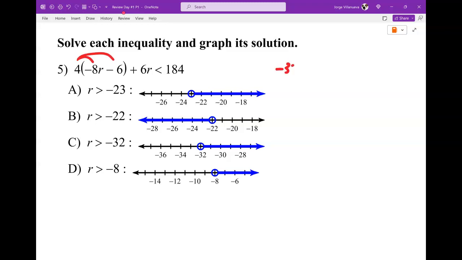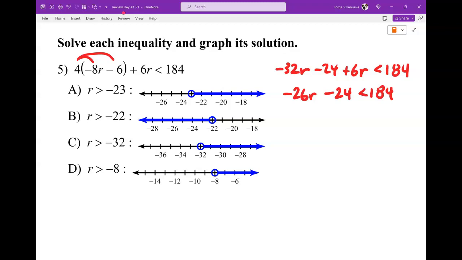There's negative 32r minus 24 plus 6r less than 184. I'll combine my r values. So that's negative 32r plus 6r. That's negative 26r minus 24 less than 184.